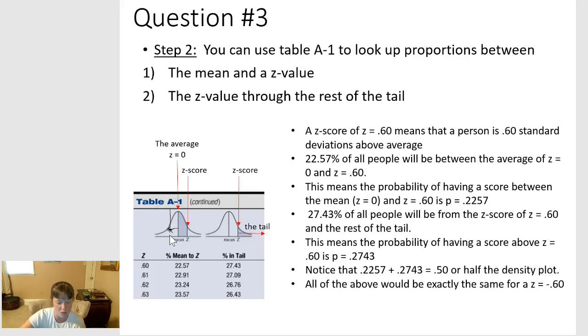And so maybe negative 0.6 is here. And so this column would tell you from the average of 0 in here, that would still be 22.57%, or a proportion of 0.2257.